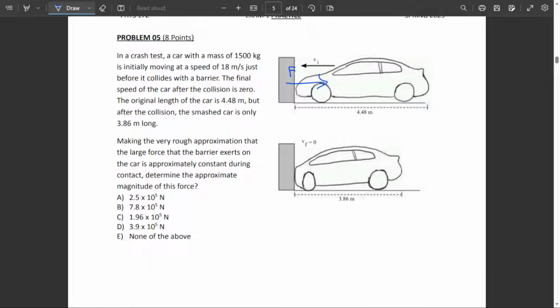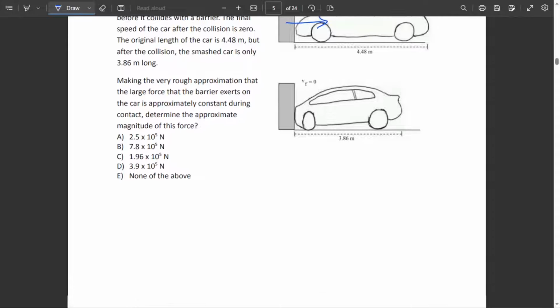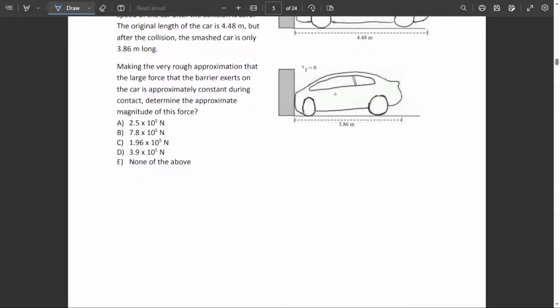So, how do we do that? We know that based on the momentum principle, force is equal to the derivative of momentum with respect to time.